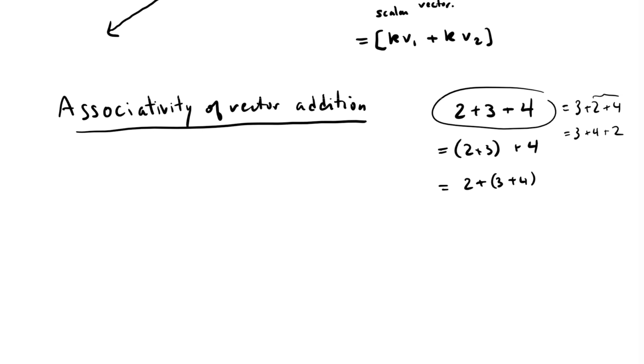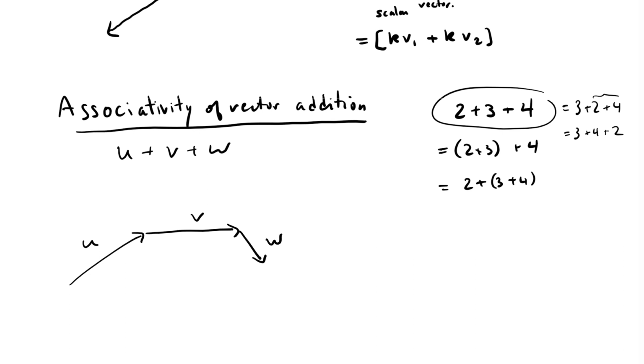Okay, how can we see this? I'd like to show you that u plus v plus w, no matter how I add them, is going to give me the same result. So how does that work? I could use an algebraic proof. I'd like here to show you a geometric proof because it's kind of nice. So let's say I have u, v, and let's say w is here.